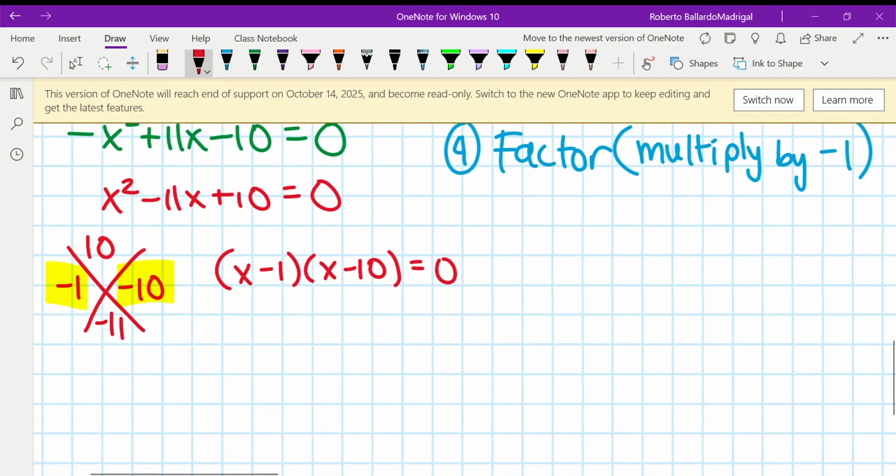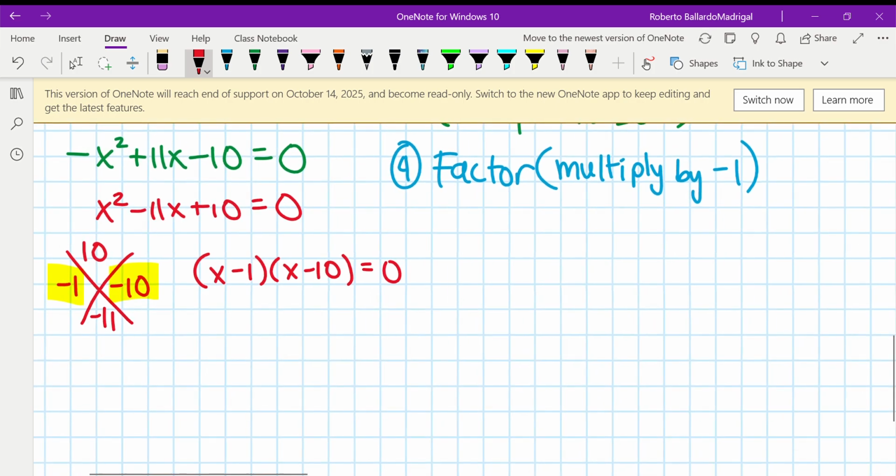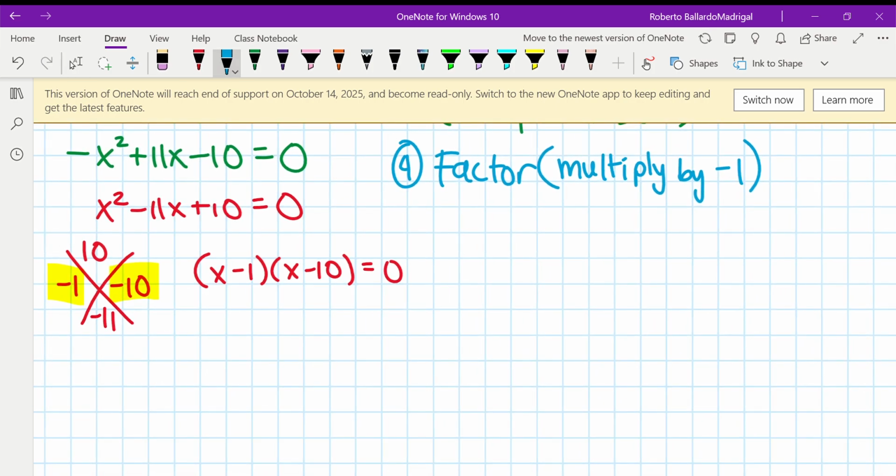I'm going to zoom out real quick. This is where step 5 comes in. ZPP stands for zero product property. It just means set it equal to 0, solve for x. So what that means is you're going to take x minus 1 and set that equal to 0.